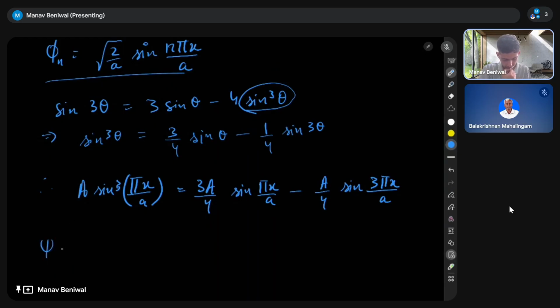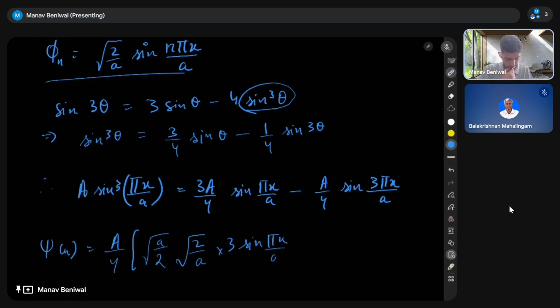Okay, so now we can write our psi of x as, let's take out this a by 4 outside, and then we can write under root a by 2 into under root 2 by a into 3 sine pi x over a minus under root a by 2 under root 2 by a sine 3 pi x over a.